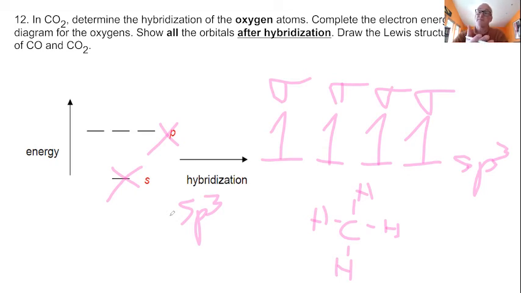See, that's the other argument for hybridization. Without it, carbon has 4 electrons, but they're all different energies. 2 of them are in s and 2 of them are in p. But in methane, it makes 4 bonds and they're all identical. How is that possible? It's possible by hybridization.